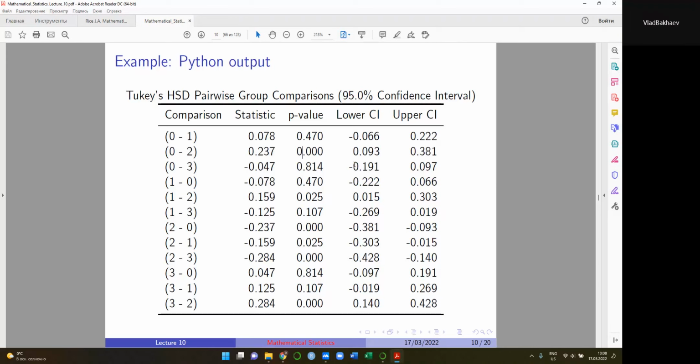So in the third example, when p-value is 81%, it means that there is a high chance to get this statistic when H null is true. Yes, so 81% that H null is true, and you obtain this difference.